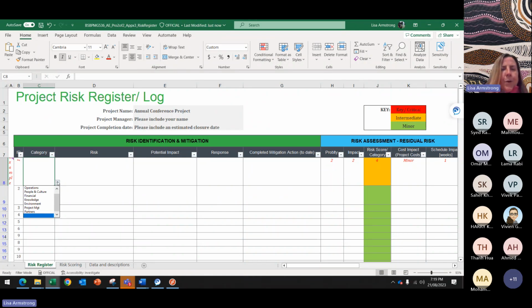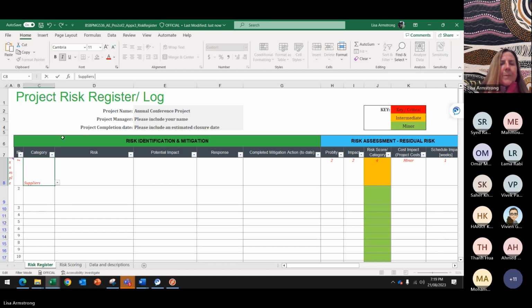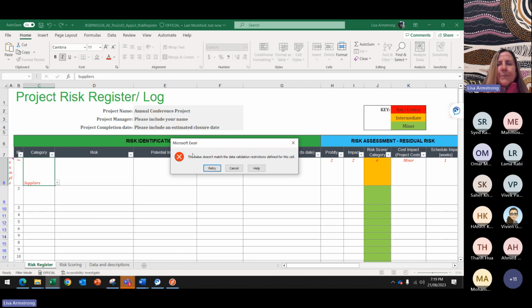Operational risk, people and culture risk, financial risk, knowledge risk, environmental risk, project management risk, and partners list. I think that's more like suppliers. I don't like it for partners. Anyway, I'll put that more as suppliers, if it will let me. We definitely have a suppliers risk with our conference project.